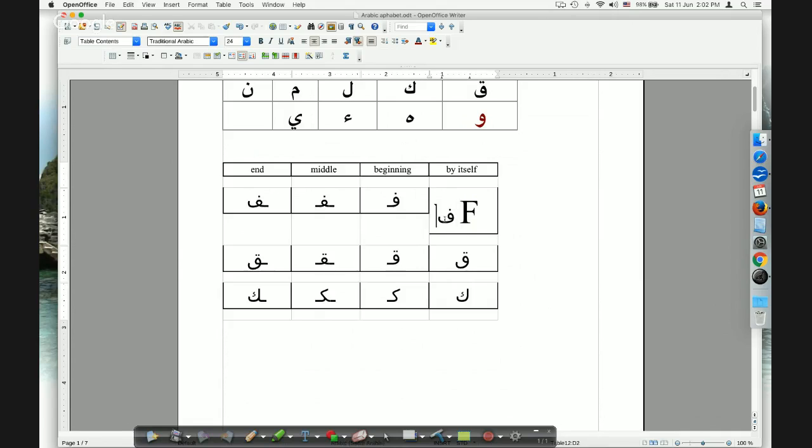So this is how the letter fa is written by itself, and this is how it is in the beginning, this is how it is in the middle, and this is how it is at the end. Now, as we said before, when you write the letter at the end of the word, the letter goes to its original form, as we see here.